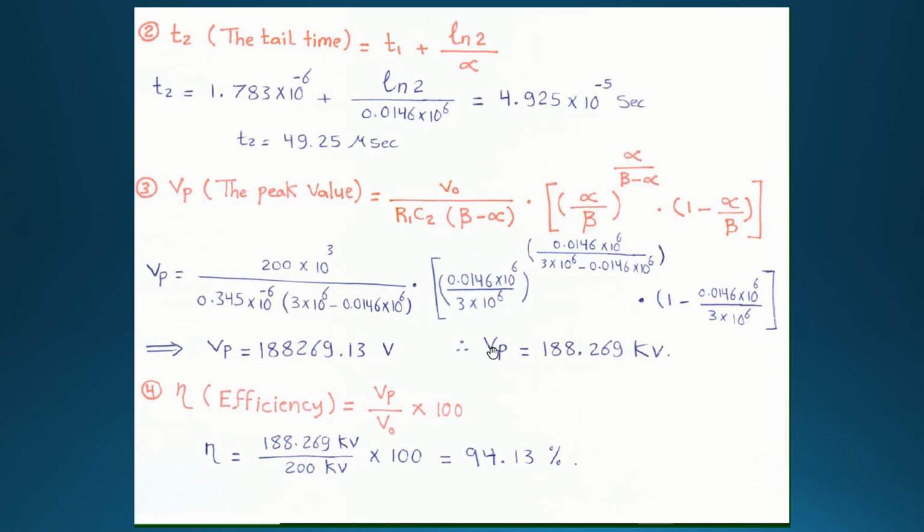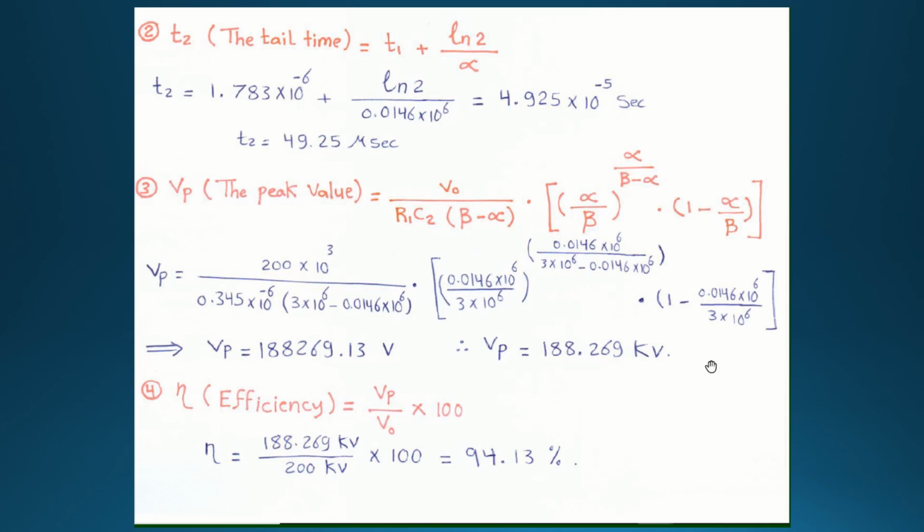So VP is equal to 188.269 kilovolt. So now we have finished the third required in this question, and everything is only to substitute the values in the formula.